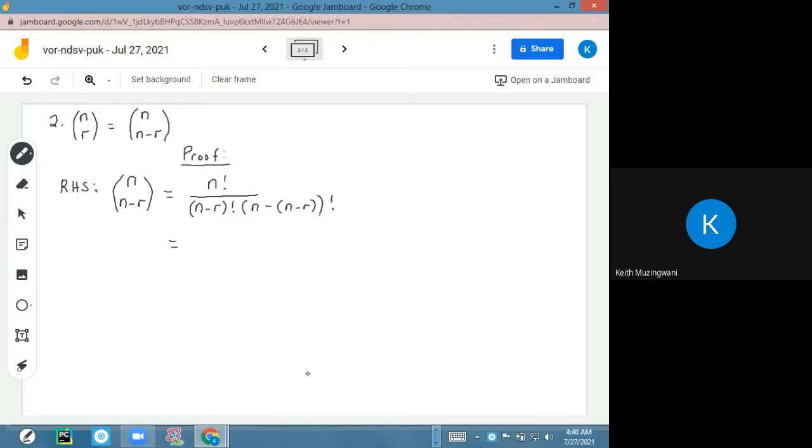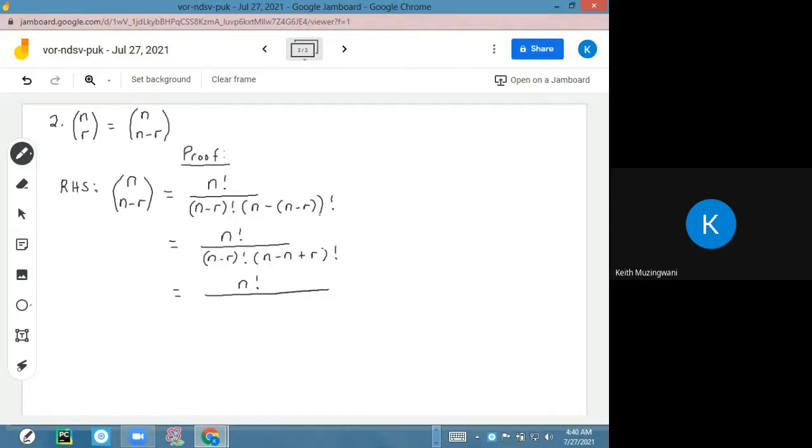But this is just the same as N factorial over N minus R factorial times N minus N plus R factorial. All we are doing is replacing using the definition. The remaining thing is expanding the brackets there and following it.